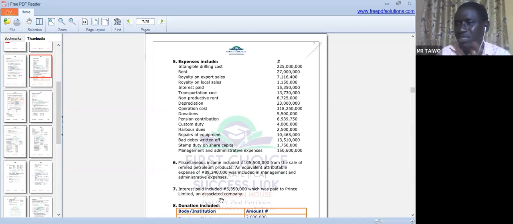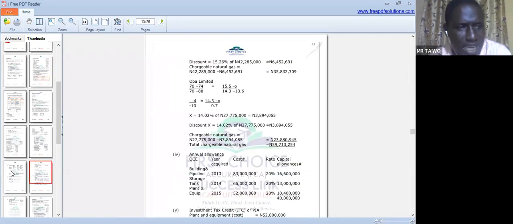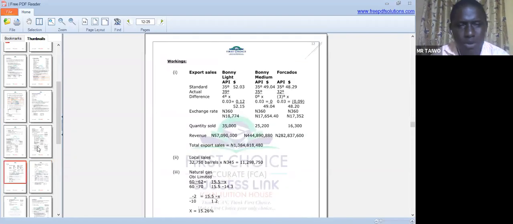If the examiner did not say that, it means the interest paid to the related party will not be allowed as far as PPT is concerned. Therefore, the interest of 5,350,000 will have to be removed from 15,350,000 so that you can get the one that is allowable. I hope I get what I'm saying now.